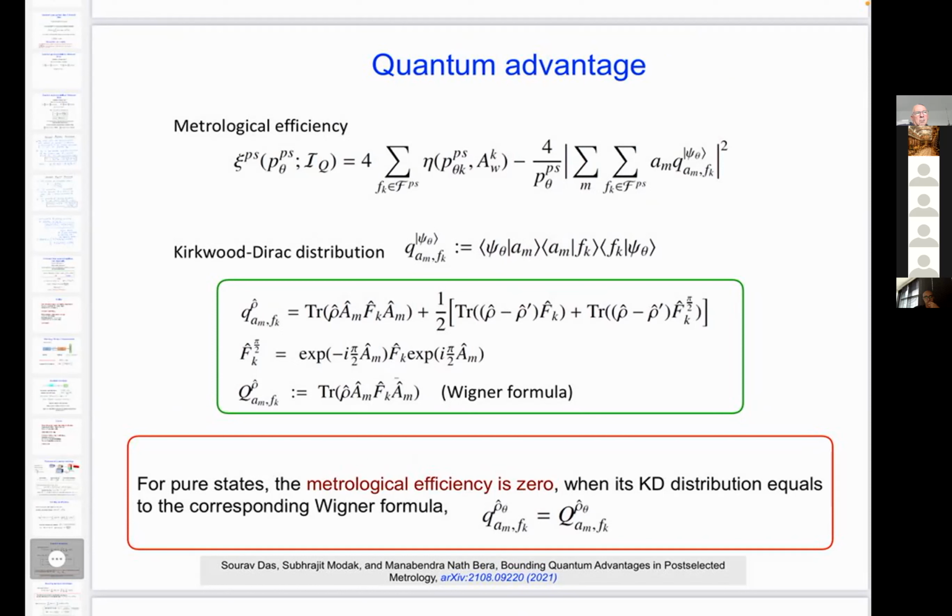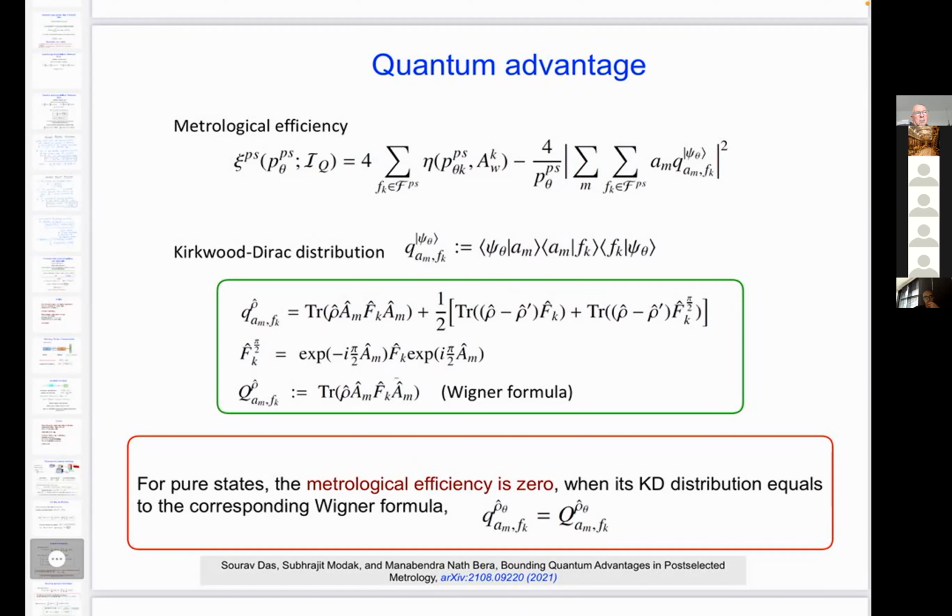Surprisingly, for pure states, and everything I'm dealing with is pure states, there is no business of mixed states, the metrological efficiency is 0 when the KD distribution equals the corresponding Wigner formula. Each element in the Wigner formula is real, while the Kirkwood-Dirac distribution can take complex values, since it's a quasi-probability distribution.